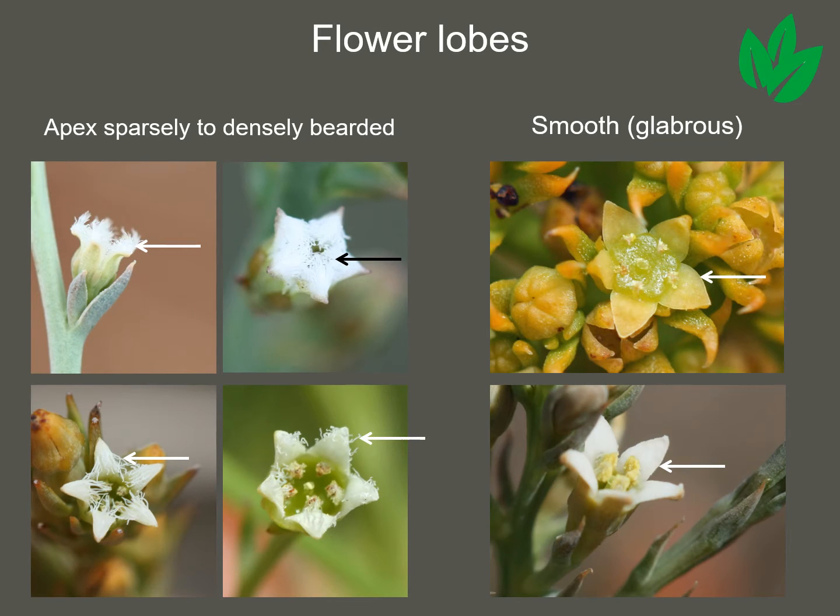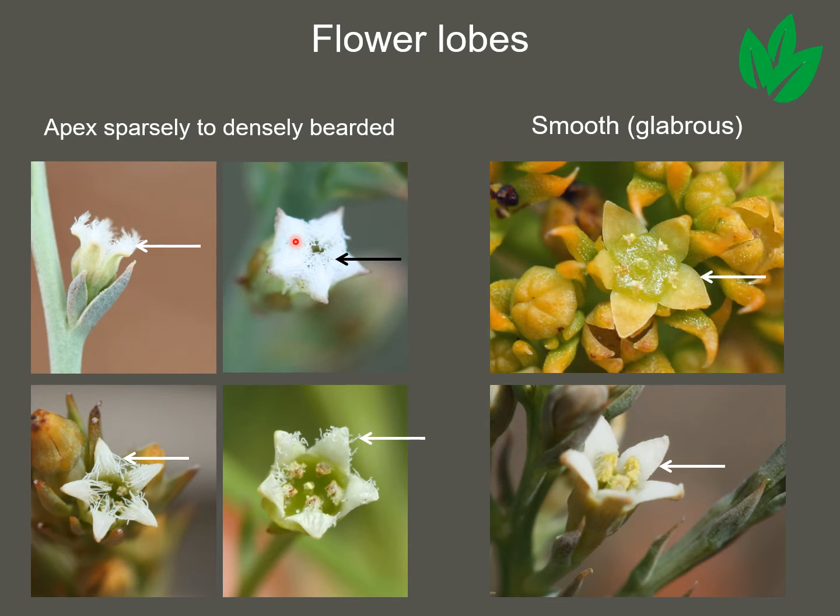I briefly spoke about the hairiness of the flower lobes in the introduction video. And this is a very important characteristic and one of the first that we use to distinguish among species. There are 4 different types. The first type being that there are long hairs right at the apex of the flower lobes.